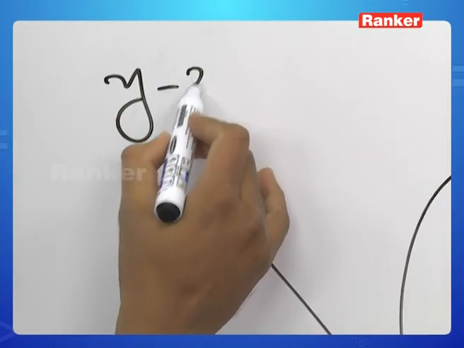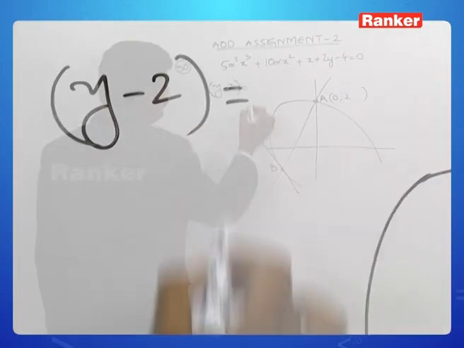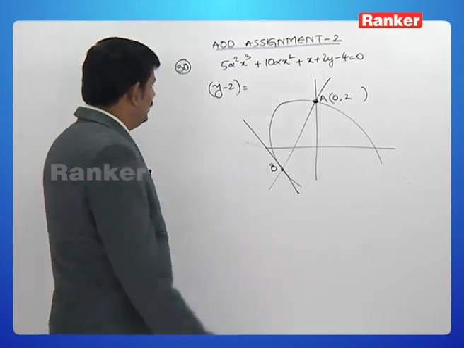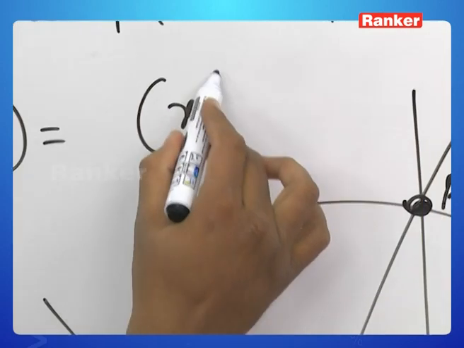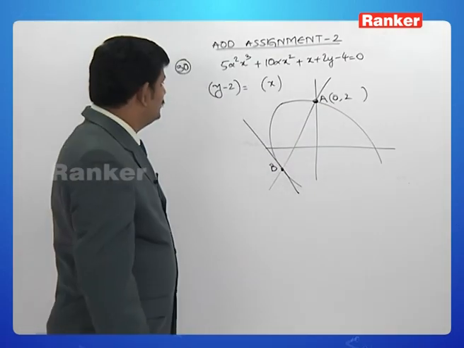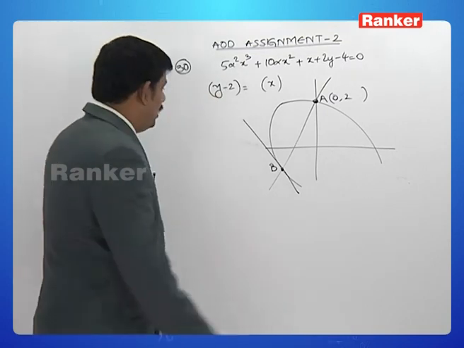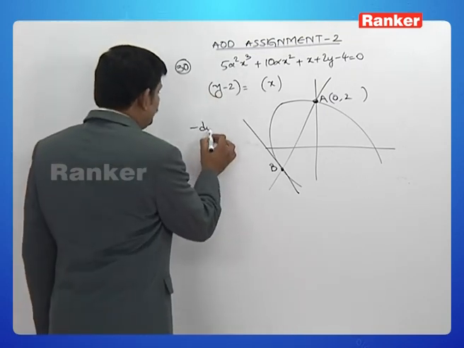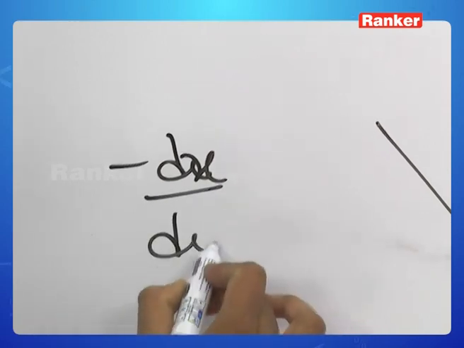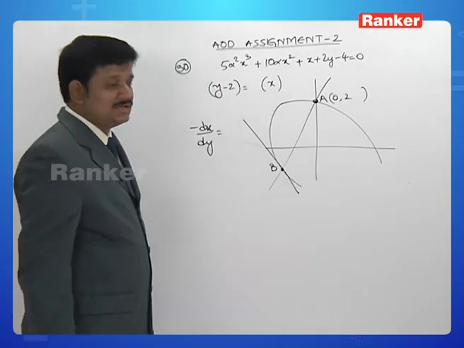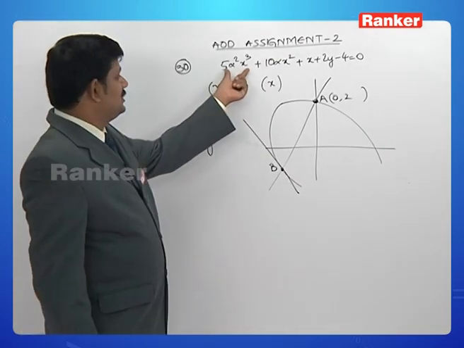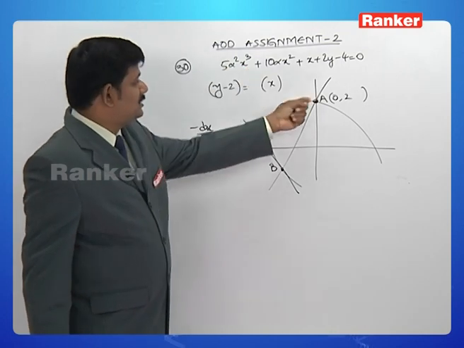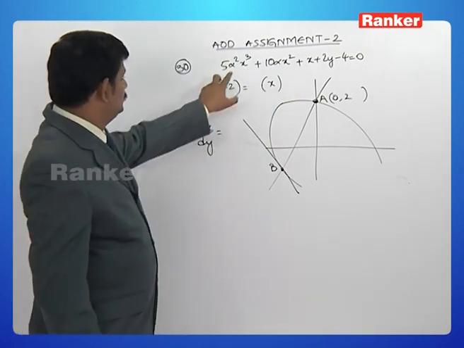The equation would be y minus y1 is equal to m into x minus x1, where m is the slope of the normal, or minus dx by dy. Differentiate this and simultaneously put x equal to 0 and y equal to 2.